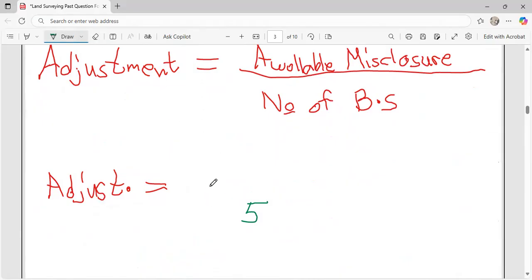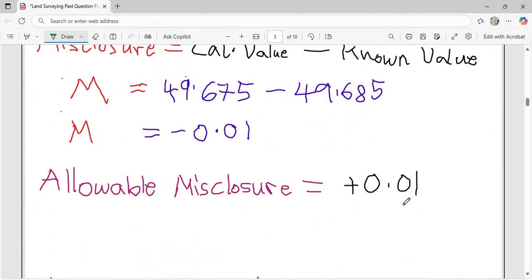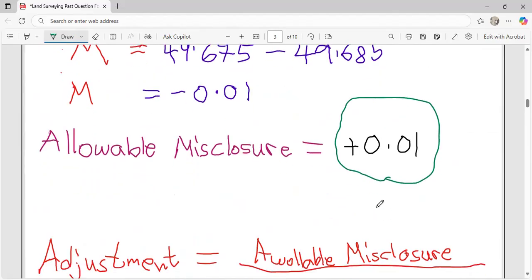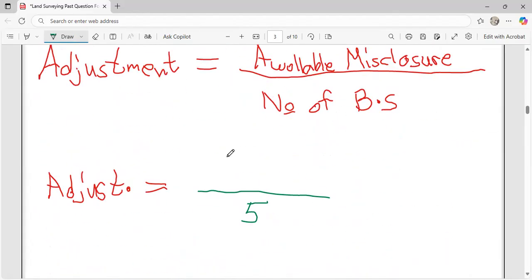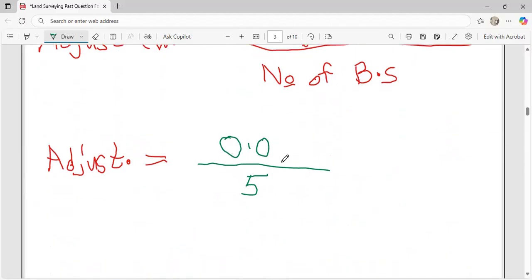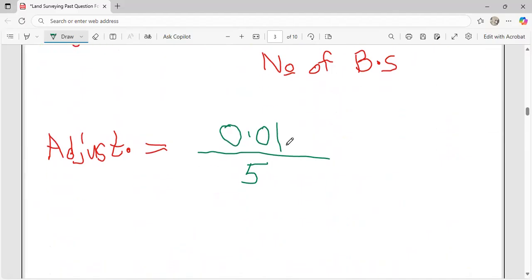Also, what is the allowable misclosure? The allowable misclosure was this: positive 0.01.